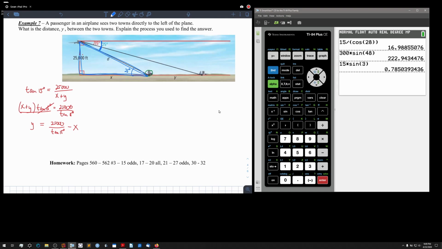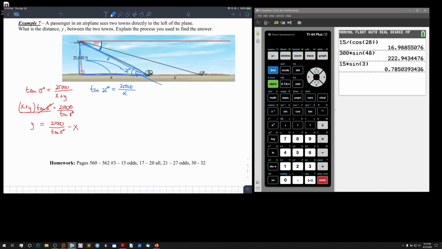Now I can say, looking from the perspective of this angle, if I want to find x, again I do tangent, right? Opposite over adjacent. That'll give me what I'm looking for. So tangent of 25 degrees is 25,000 over x.